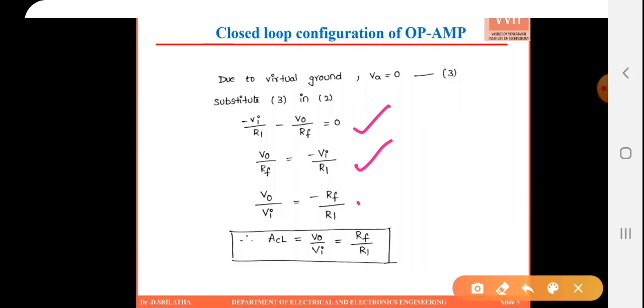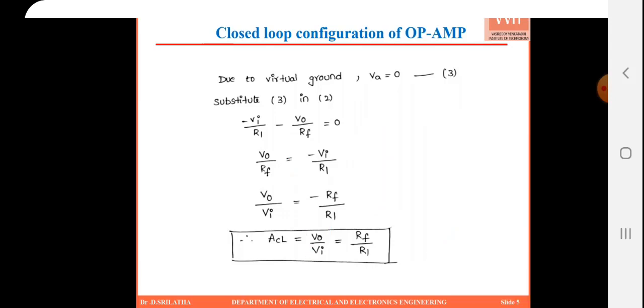Then V naught by Vi is equal to minus RF by R1, by cross multiplication. Then what is the closed loop gain? ACL is equal to V naught by Vi, it is equal to RF by R1. So if we take only the magnitude, then it is RF by R1, because gain is always positive.